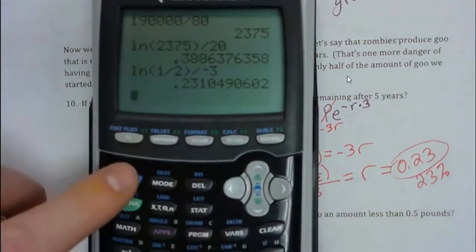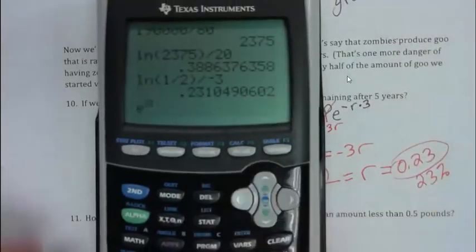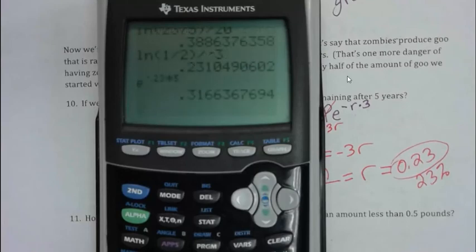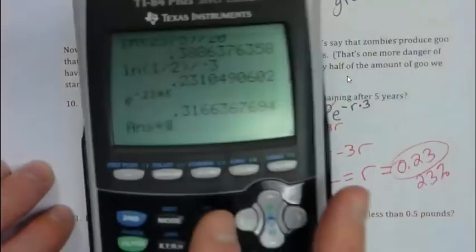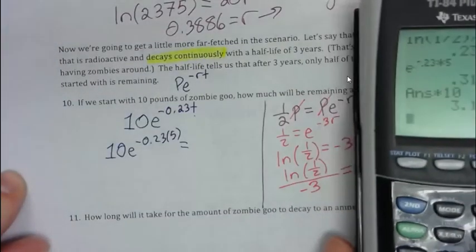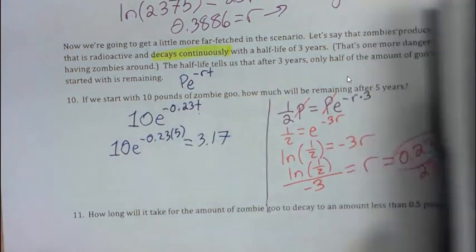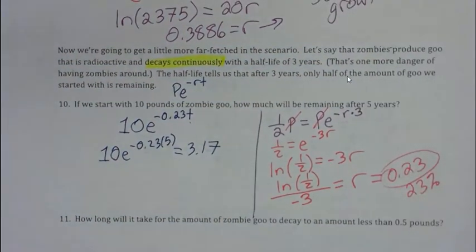So now we have second ln for our e to the negative 0.23 times 5. And then we got to multiply that by 10. So we get 3.16, so 3.17. So after 5 years, we got 3.17 pounds of zombie goo using our half-life information and our continuous decay information.